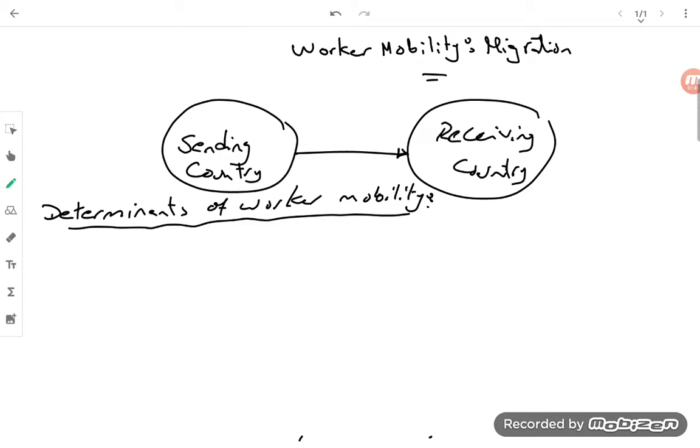People view mobility as an investment with an initial cost outlay, with the expectation of return in the future. So this is an investment.